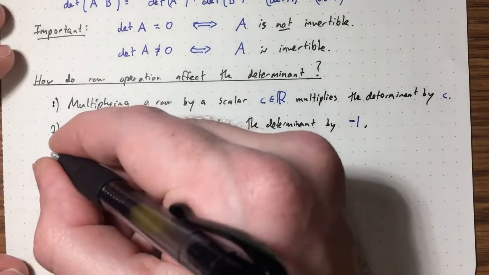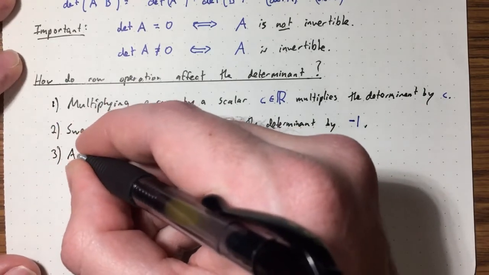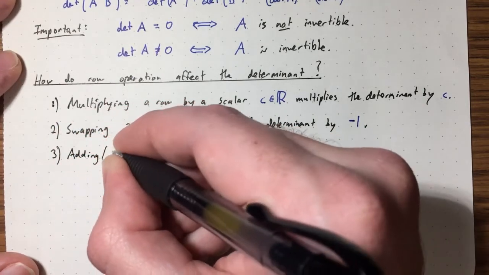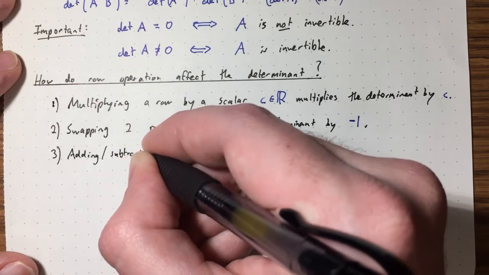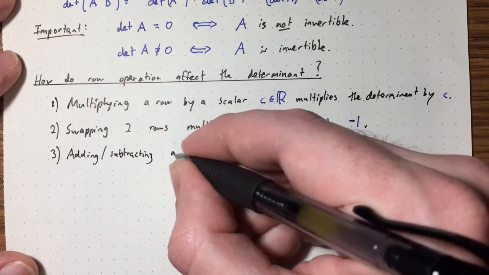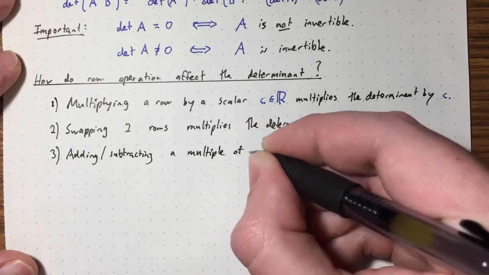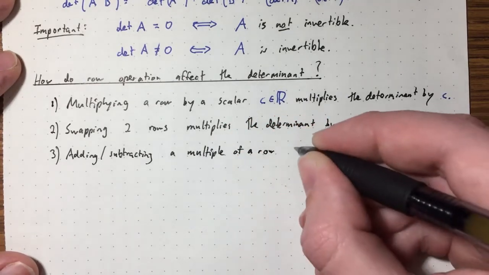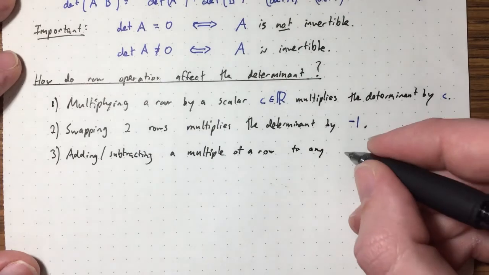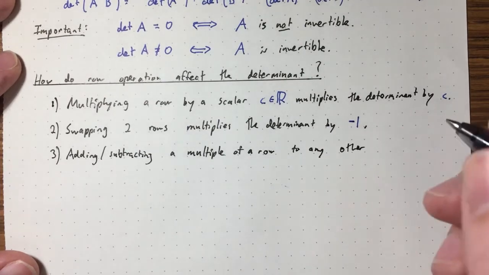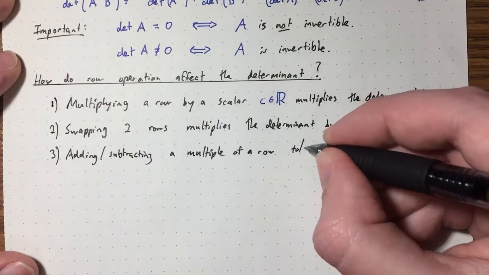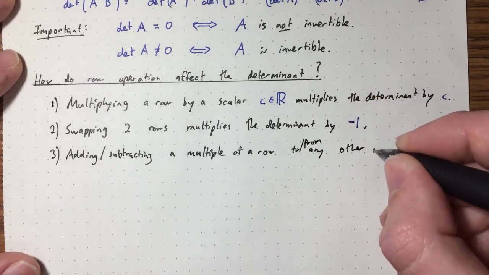Okay. And the third one, adding or subtracting a multiple of a row to any other row. I should say to any other row.